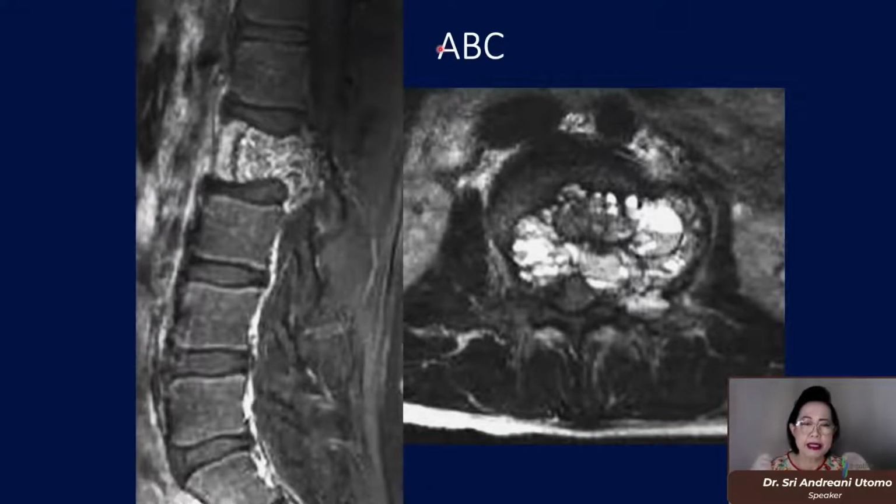And ABC, aneurysmal bone cyst, we can see it is septated with hyperintense signal in T2 fat set, and in the cystic lesion we see fluid levels with many different ages of blood content. So this is an aneurysmal bone cyst.